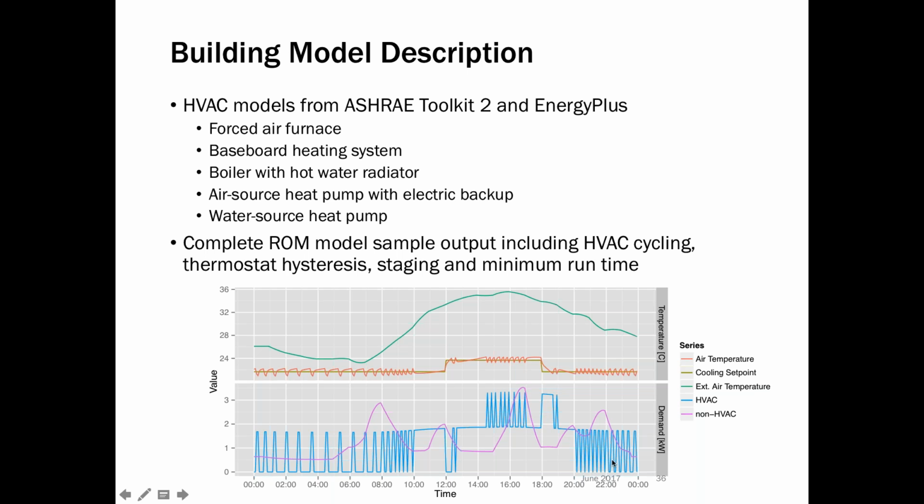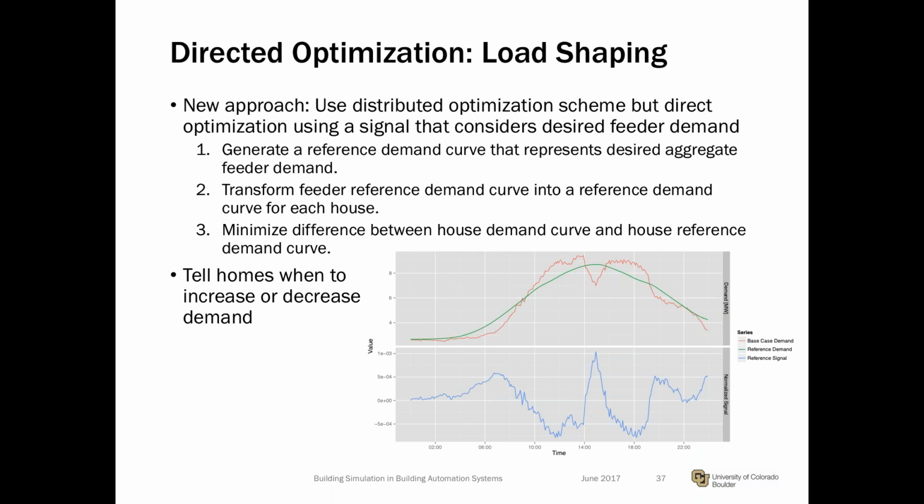So you can see a fairly realistic modeling of what's going on in the home, but not just one, several thousand are being simultaneously modeled. We utilized this model in a distributed optimization scheme that directs the optimization using a signal that considers the desired electric distribution feeder demand.